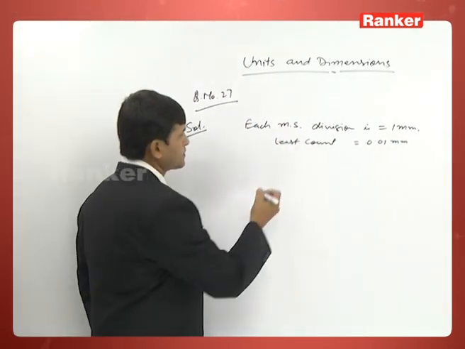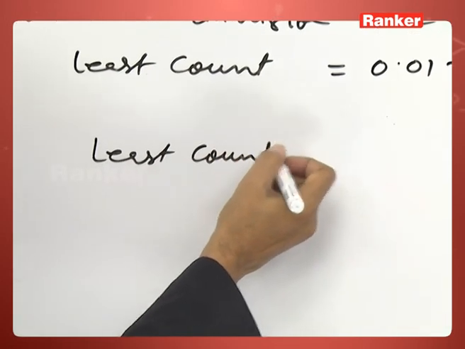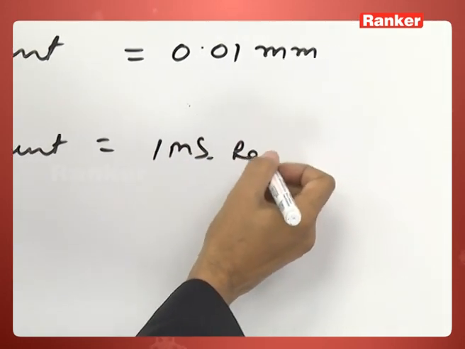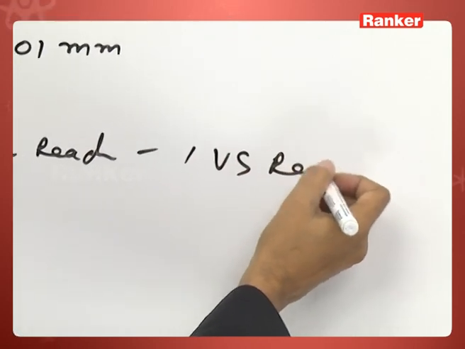So, least count is equal to 1 main scale reading minus 1 vernier scale reading.